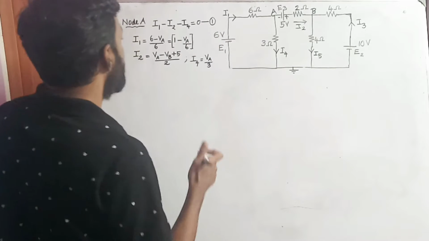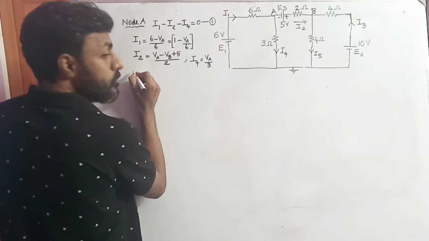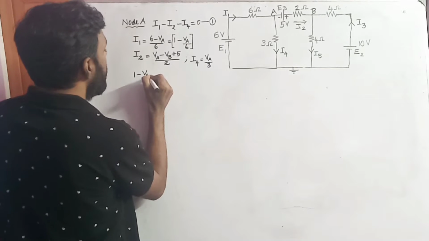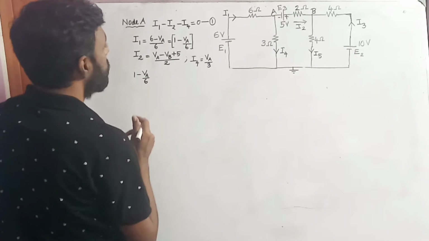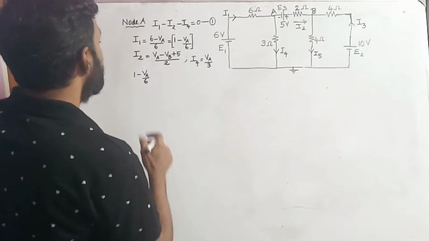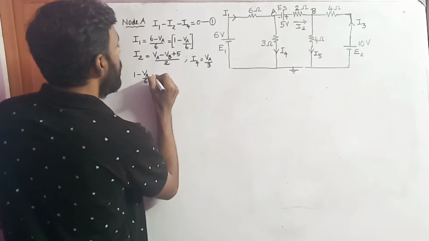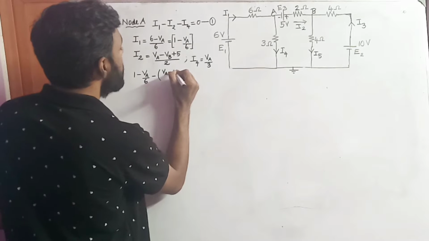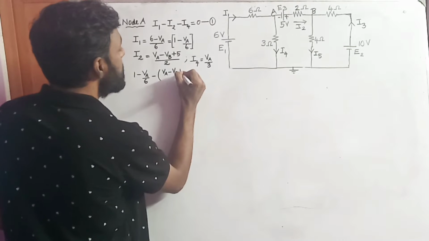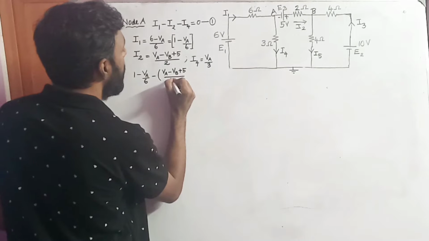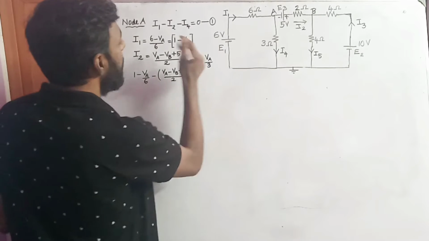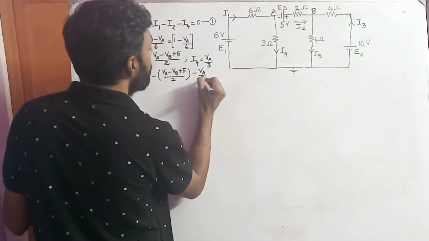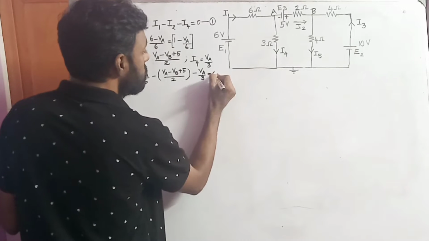Substituting it in equation 1, I'll be getting 1 minus VA divided by 6, minus I2, which is VA minus VB plus 5 divided by 2, minus I4, which is VA divided by 3, equal to 0.